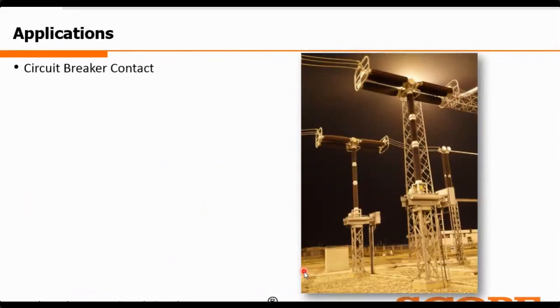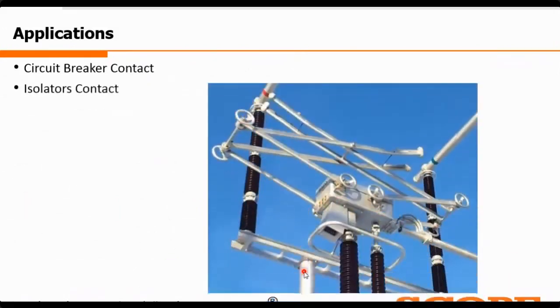Now, if you have the contact resistance measurement kit, or if you want to understand the applications of contact resistance measurement, these are the duties under the tests where you can do this measurement. First is the circuit breaker contacts, where you can do the contact resistance measurement.